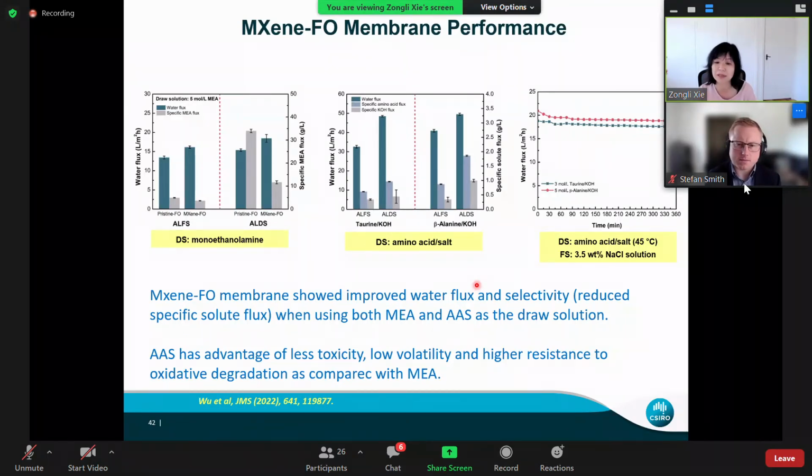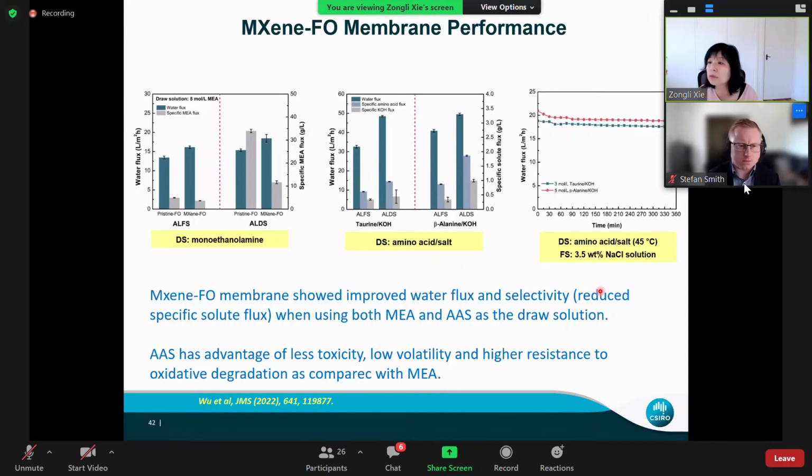What we have learned is that this amino acid salt mixture has the advantages of less toxicity, low volatility, and also high resistance to oxidation degradation. What we found is that this MXene membrane even shows higher water flux and also high rejection when we use the AAS. We also did some long-term stability tests for this membrane.